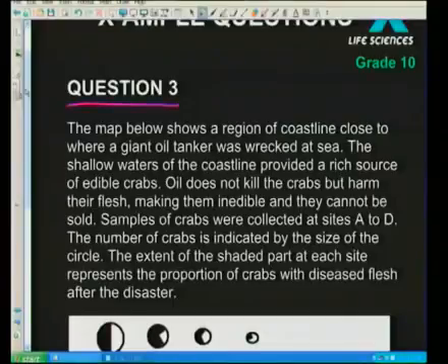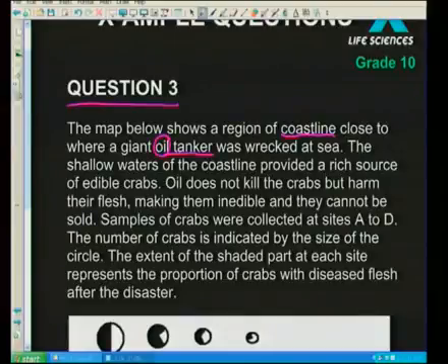It says the map below shows a region of the coastline close to where a giant oil tanker, now that word oil, you're going to see, is very important later on, was wrecked at sea. The shallow waters of the coastline provided a rich source of edible crabs.